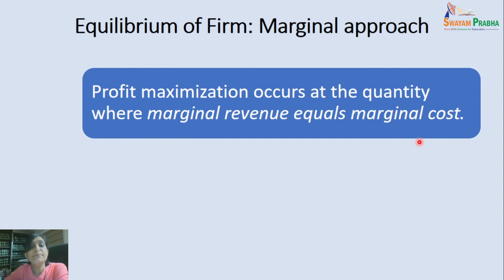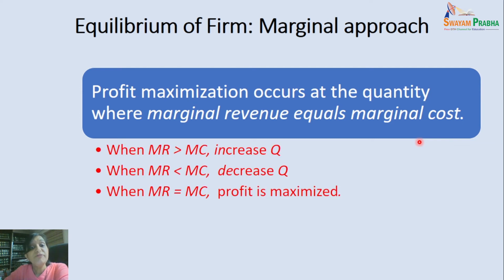We are saying that profit maximization is occurring where MR becomes equal to MC. If MR is greater than MC, what should the firm do? It should increase the output. Why? Because every extra unit it is selling is earning more than the extra cost of producing it.